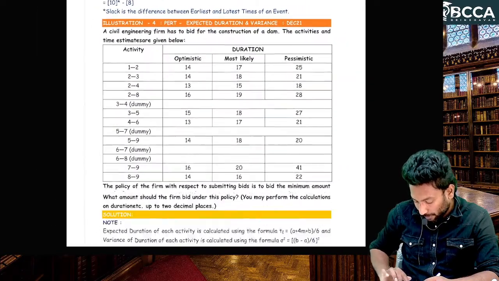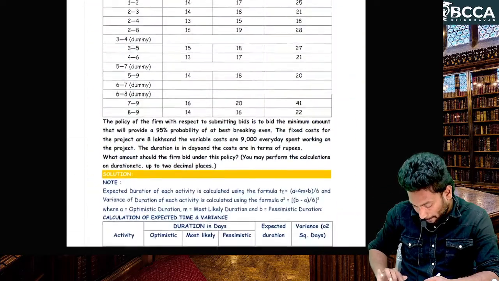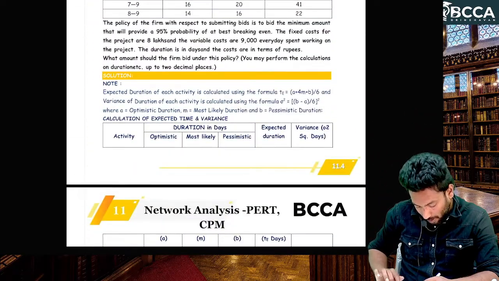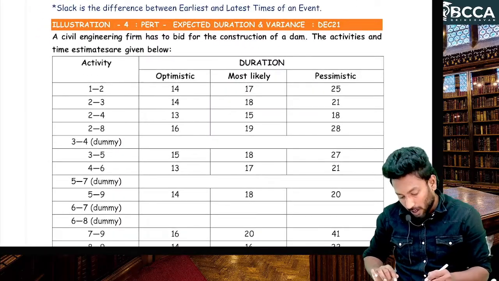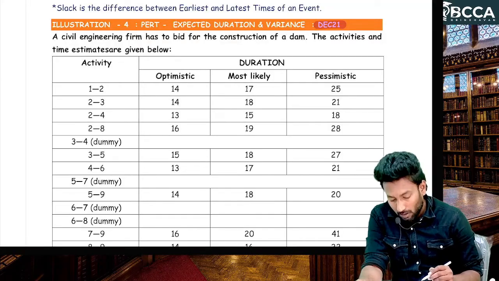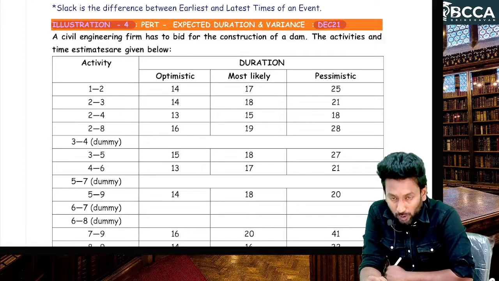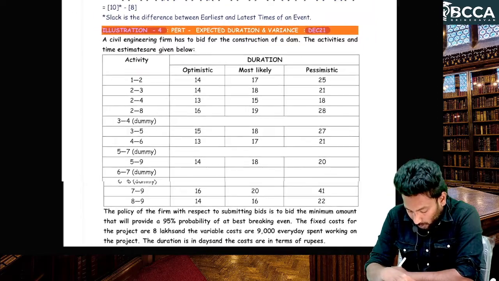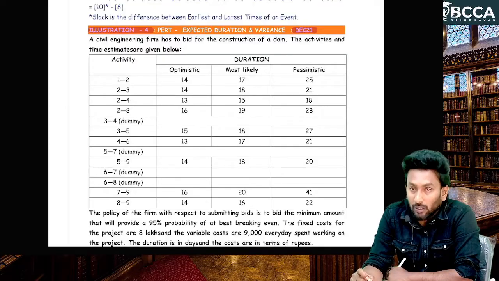Come to the main questions. 11.4, this question was asked in the December 21 attempt. Illustration 4, a direct study material question. Read that question carefully, and for that question try to draw the network diagram.